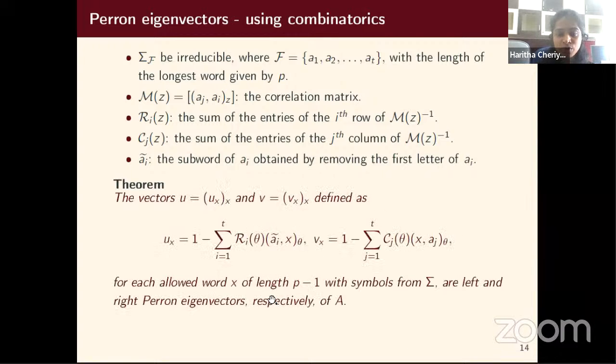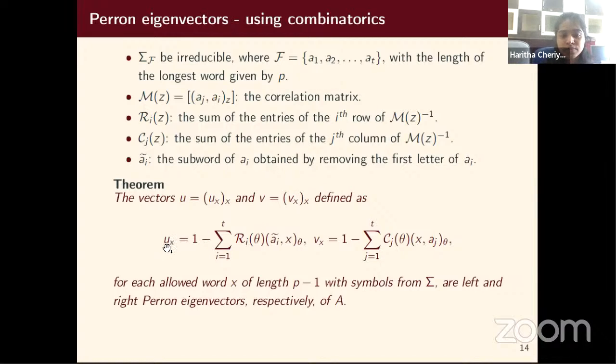Note that u and v are two vectors indexed by allowed words of length p minus 1. These expressions depend on theta and the correlation of x with the forbidden words, and theta in turn can be obtained from the expression we had, dependent on the correlation of the words.